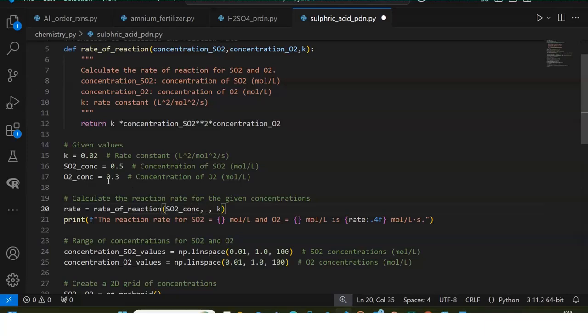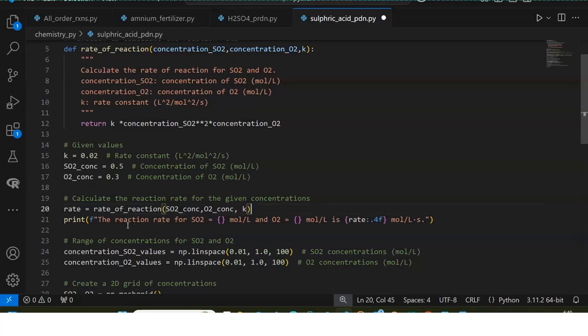Then we are also going to be receiving oxygen concentration. So once we compute that, what we are going to output is actually we are going to use a printed format. So the formatted string literal in Python is this f. So we are going to use it.